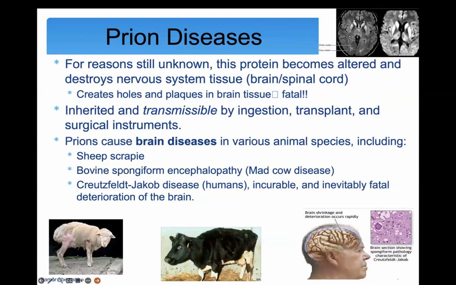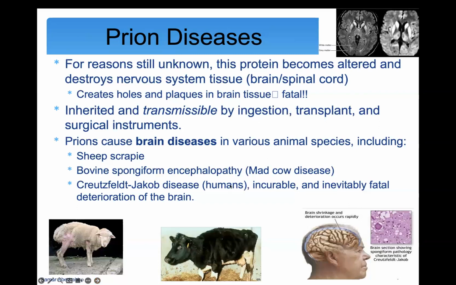And then when we think of prion diseases, they are fatal. They're basically deadly. They cause brain diseases, and these brain diseases create holes in the brain that we call plaques, and they can be inherited, they can be transmissible. That's why it's very important to make sure that you're eating clean meat. And so we see brain diseases.